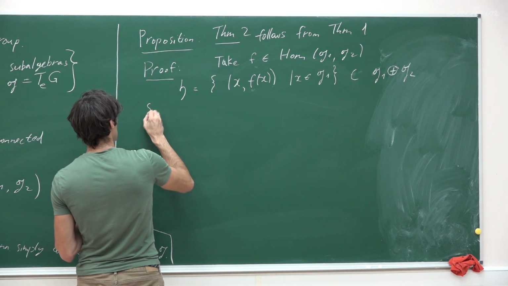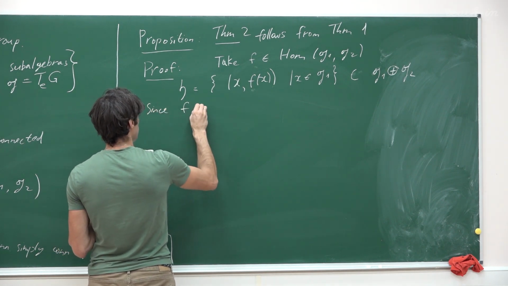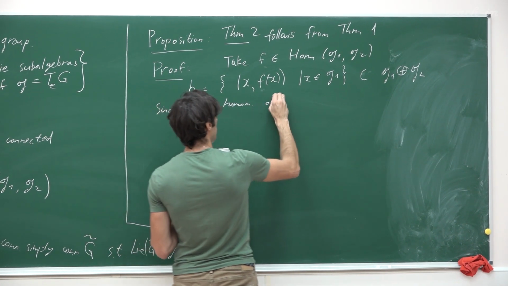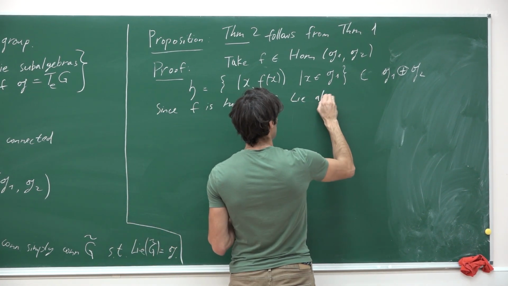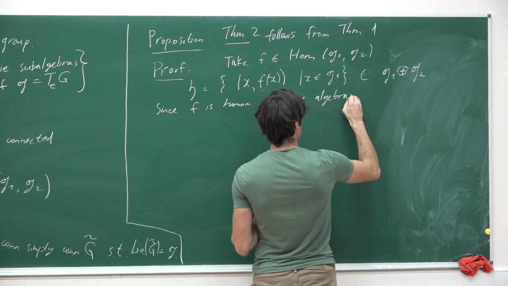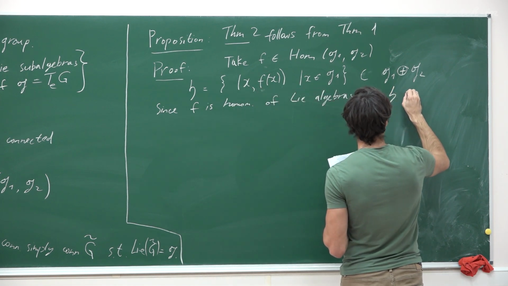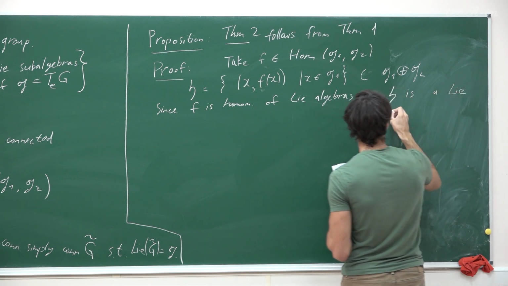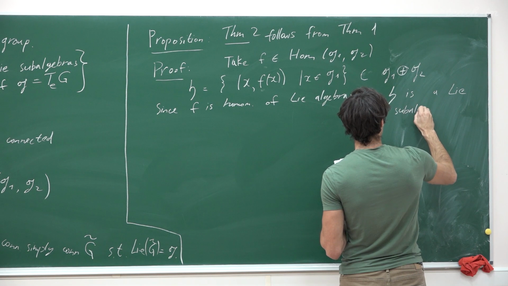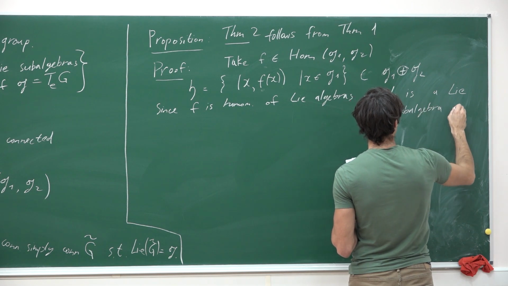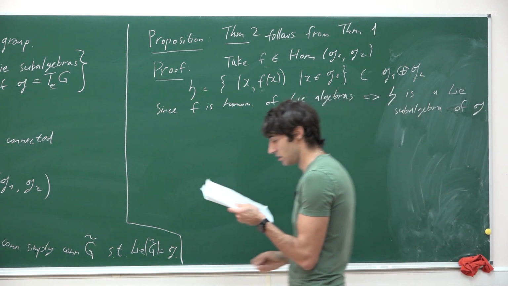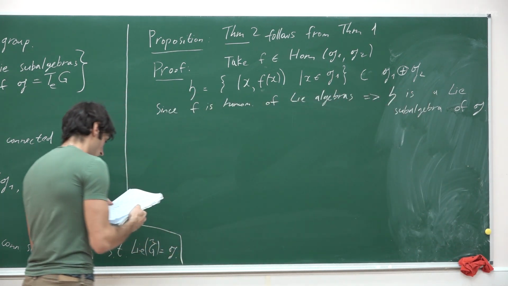So since f is a homomorphism of Lie algebras, H is a Lie subalgebra of G.